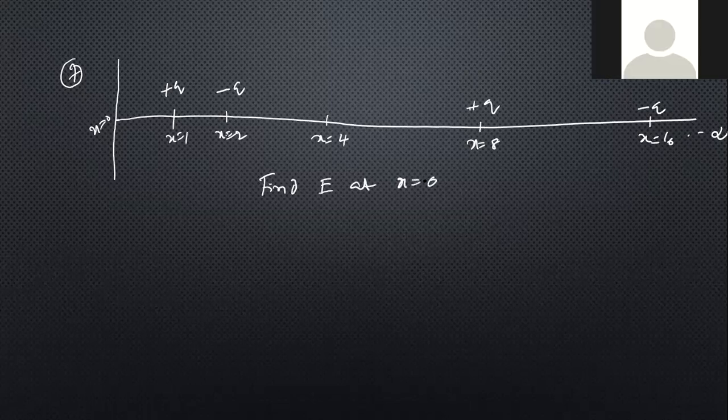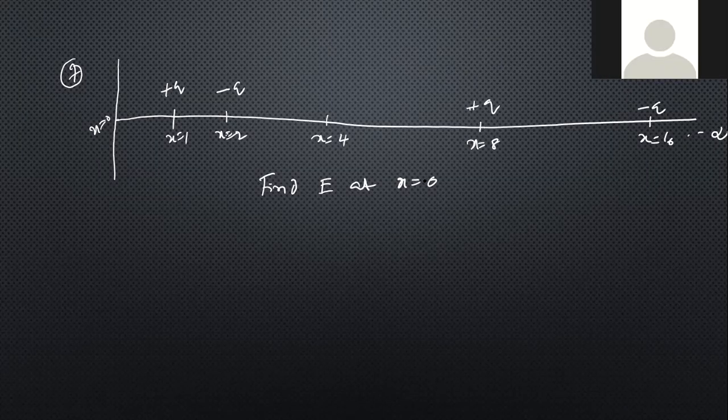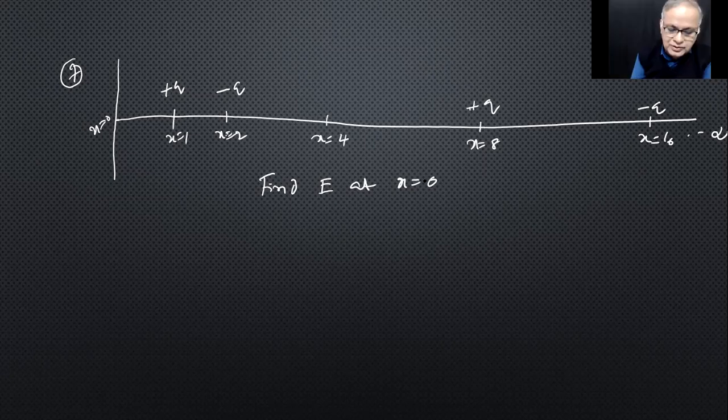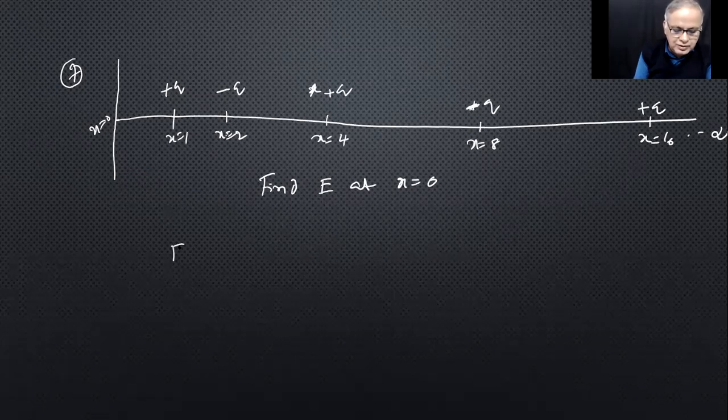Sir, at 4, we'll have plus. Acha, this is plus q, this is minus q, this is plus q, right? Sir, we can consider it separately for positive charge and negative charge, and then at the end, we can add the GPs.